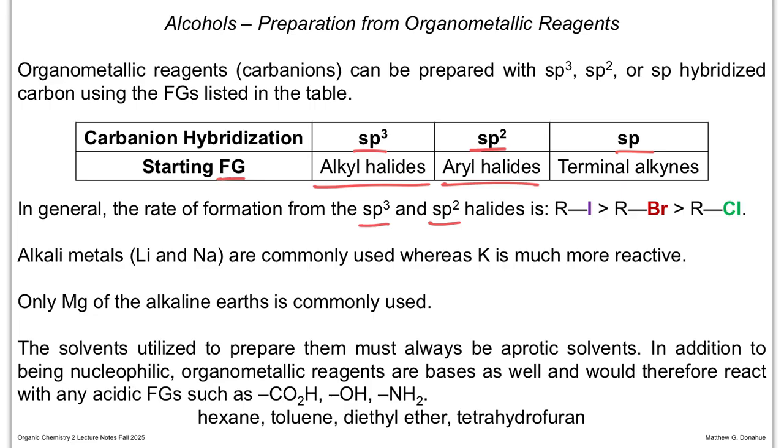And the reactivity order for generating them, iodine is faster than bromine, which is faster than chlorine. And typically we can't start with fluorine because fluorine is too electronegative to do this reversal.